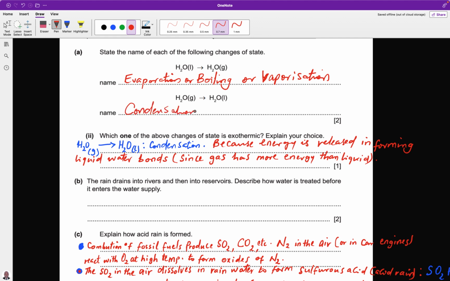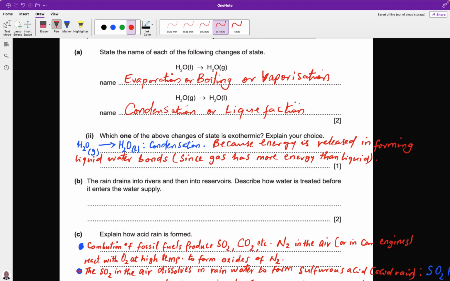Either you call it condensation or you can call it liquefaction. Condensation or liquefaction.